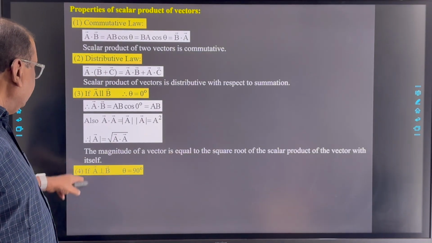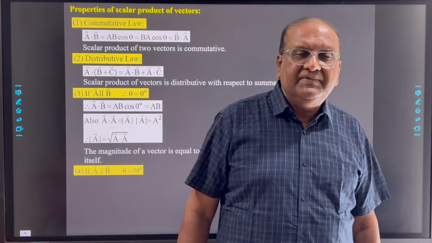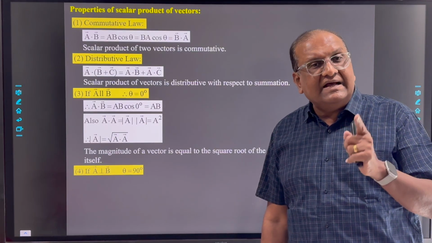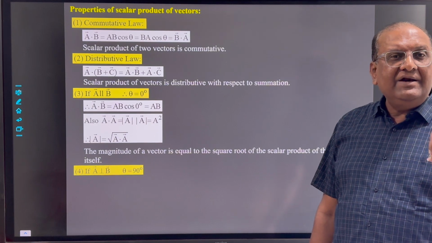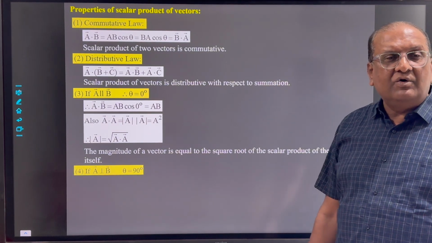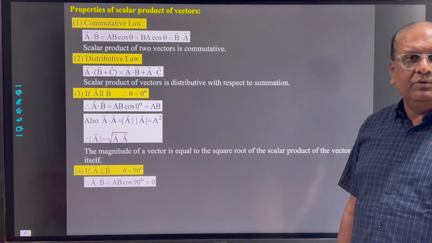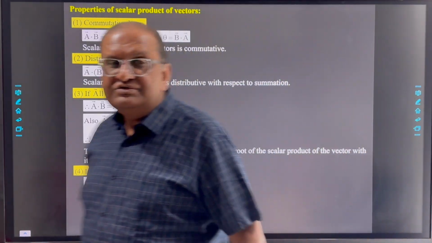Then, if A and B are perpendicular to each other, then theta is equal to 90. So A dot B equal to AB cos theta, that is cos 90, is equal to 0. It implies that here A dot B will be equal to 0.